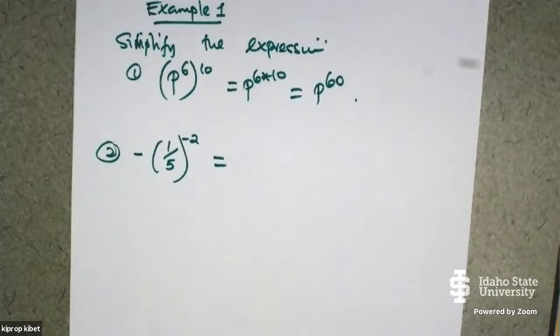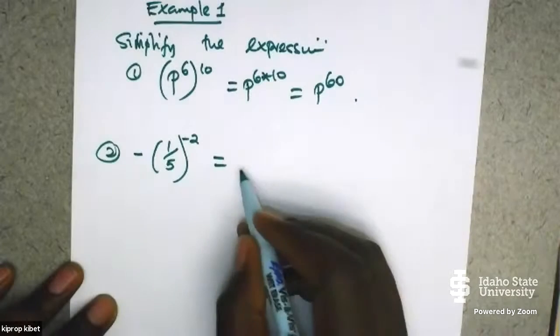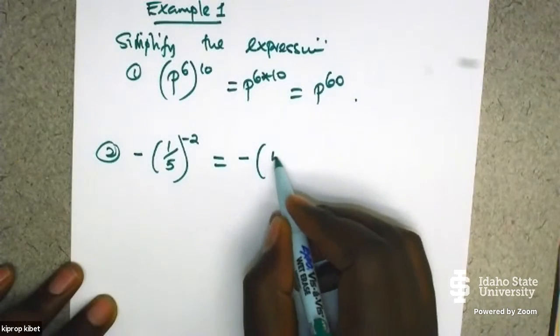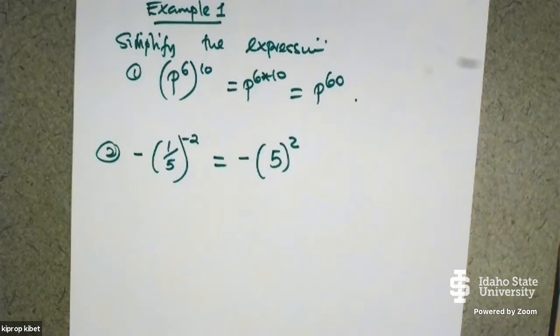Property number 3, right? So if you use property number 3, then this is equal to minus 5 raised to 2. Look at property number 3: if you have a fraction and there is a negative exponent, you just invert it, and that negative is the answer.